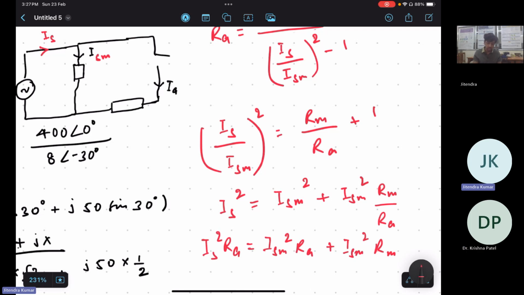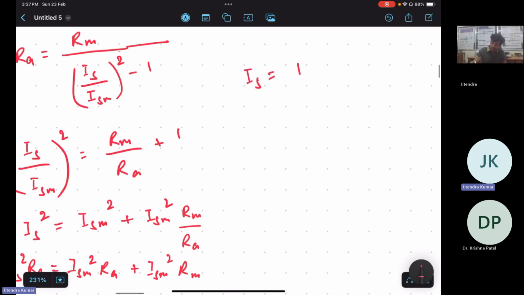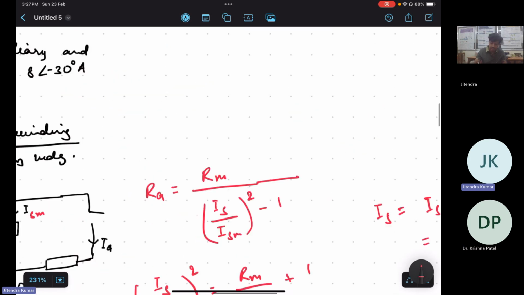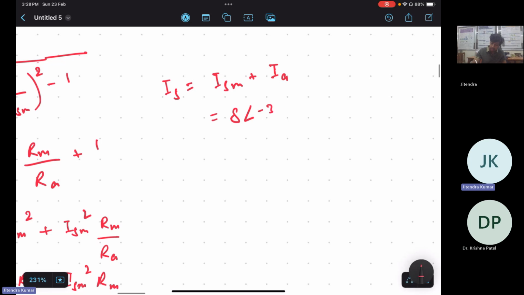So you can calculate IS with IS equal to ISM plus IA. ISM is given as 8 angle minus 30 and 8 angle minus 60, right? So from here you can calculate IS.